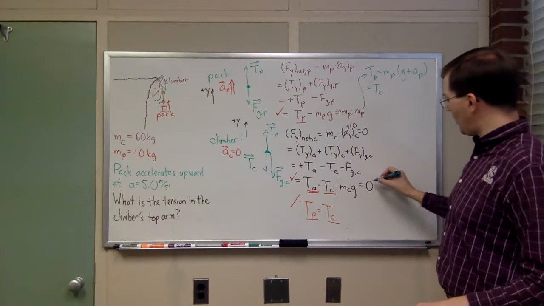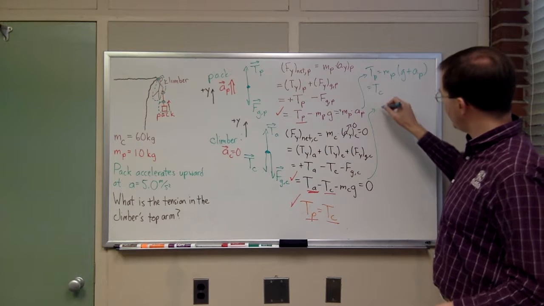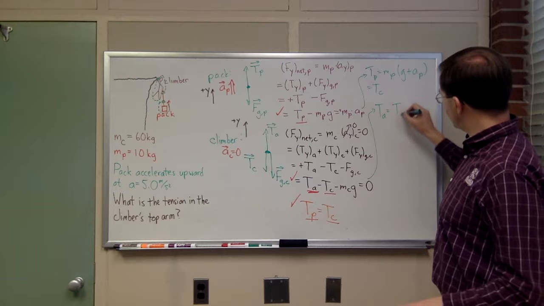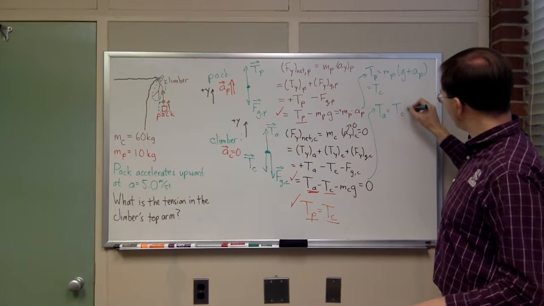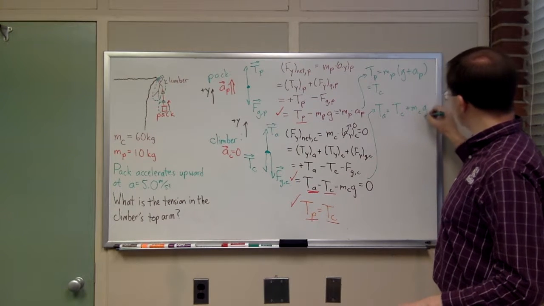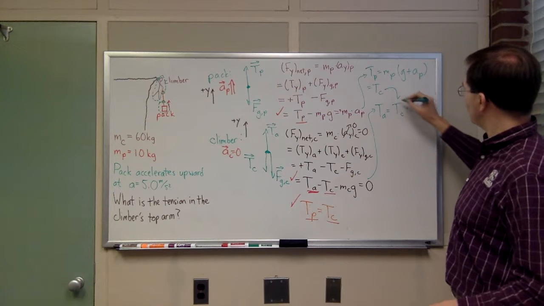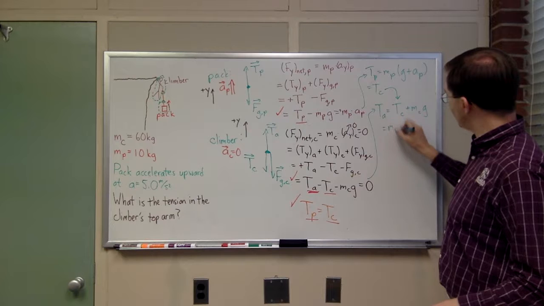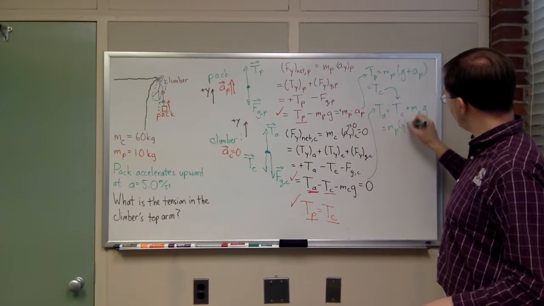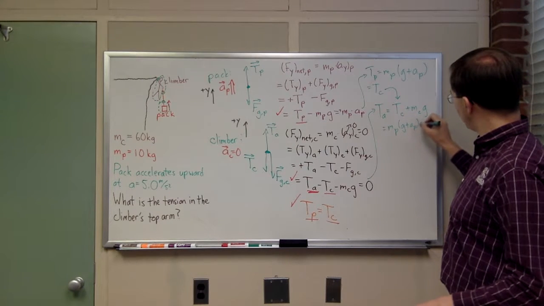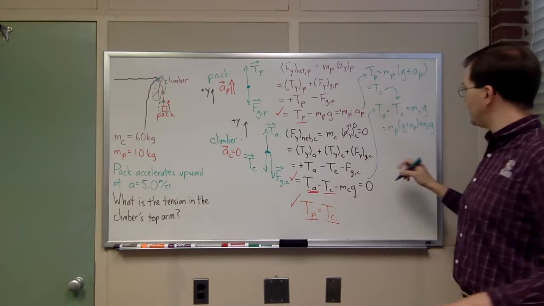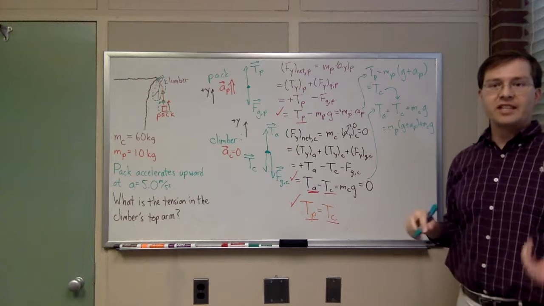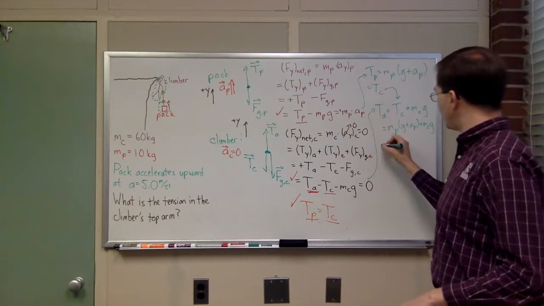Now I'll bring this up and say tension in the arm is equal to tension on the climber from below plus mass of the climber times gravity. But now I'll write that as mass of the pack times g plus a pack, plus mass of the climber times g. And I have an equation for the tension in the climber's arm in terms of things that I know. I can plug in my numbers now.